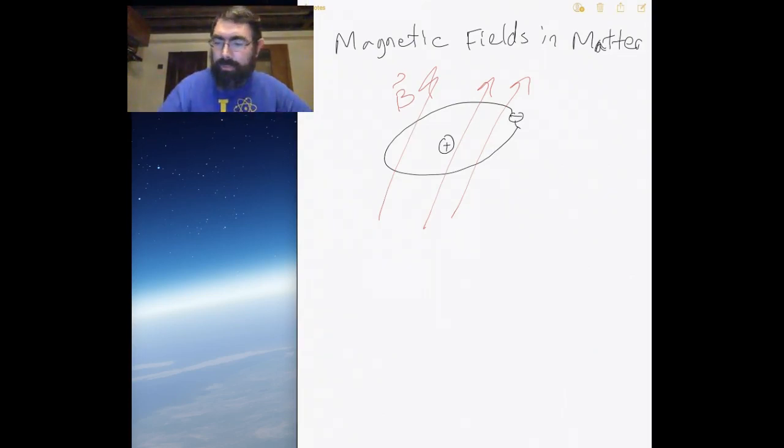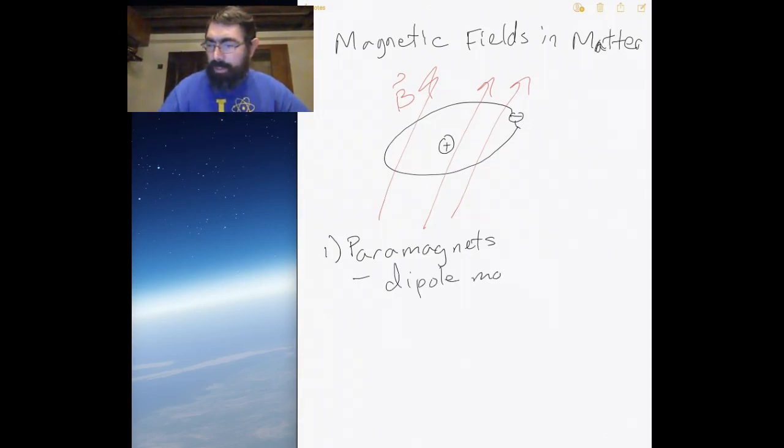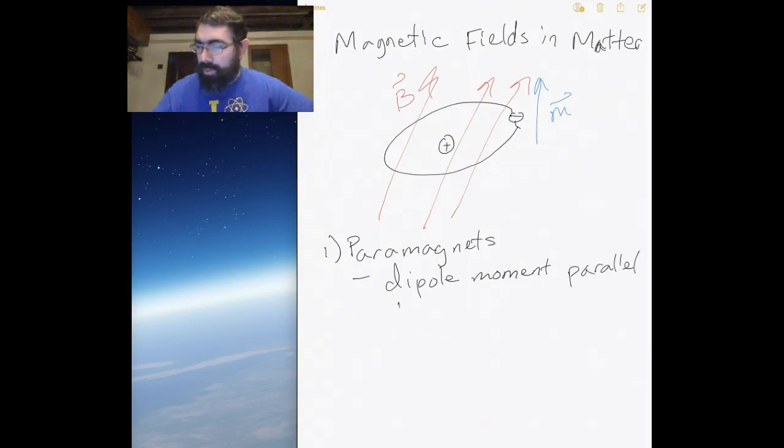The first one being paramagnets, where the dipole moment of the current, so in this case our electron is producing a dipole moment in this direction, is parallel to the external magnetic field.